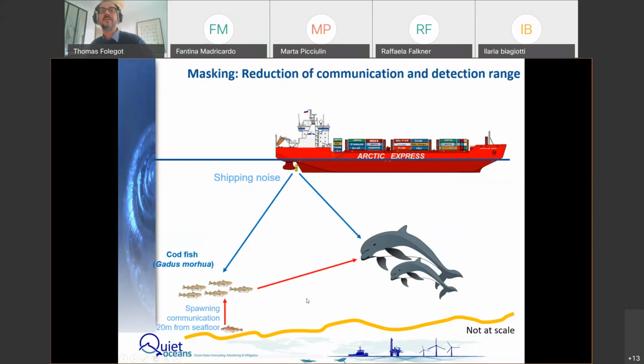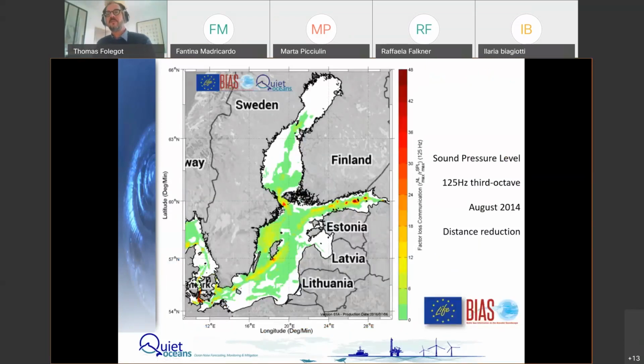And actually, this kind of effect is possible to derive from noise maps. Here again, back to the BIAS project. If you remember, there was a map that was very similar to this one, which was the footprint of shipping above natural noise.